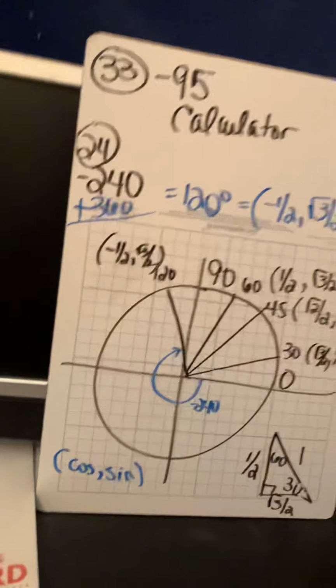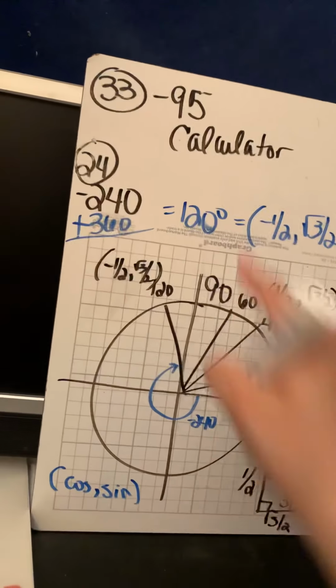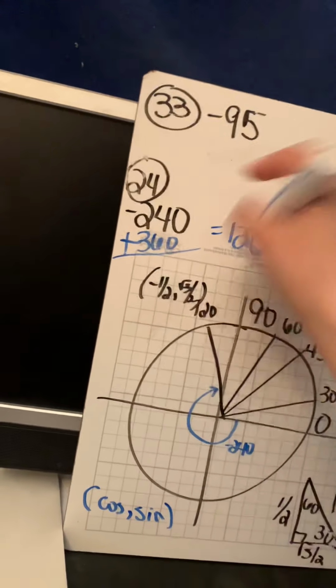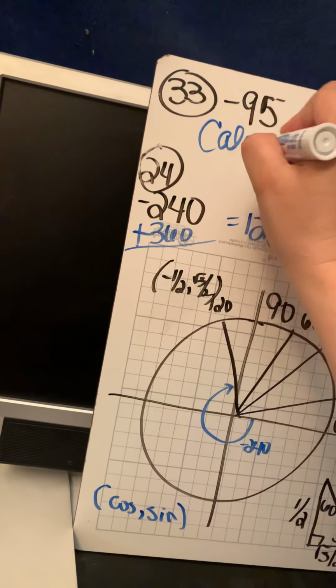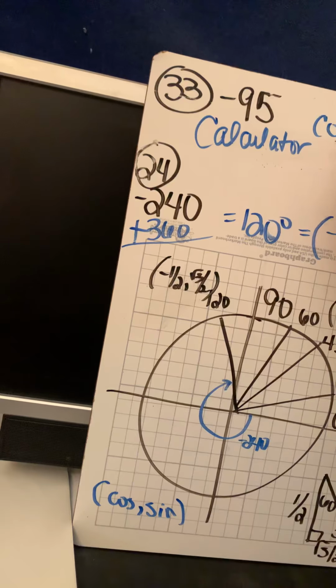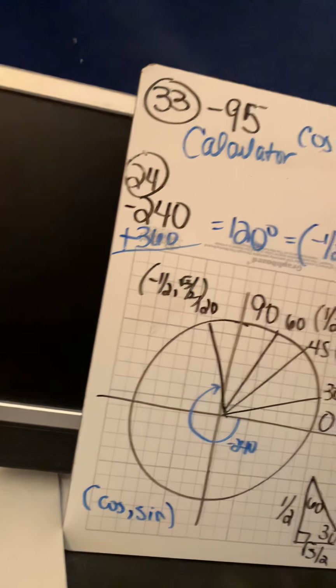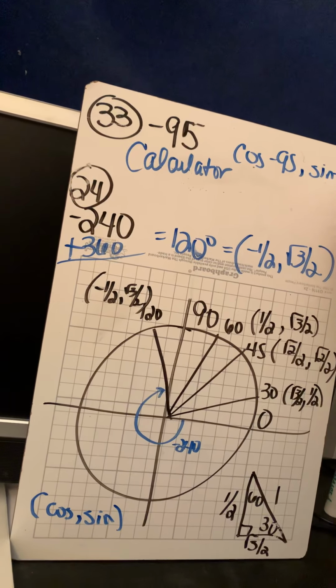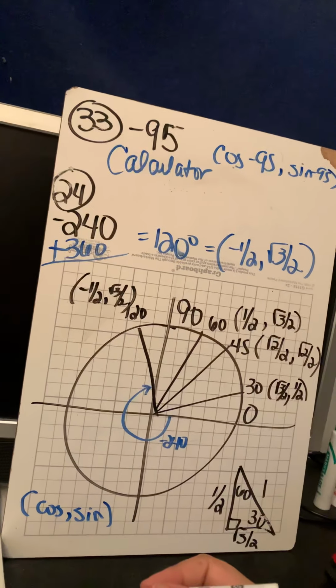Last one. On problem 33, they want you to do the same thing, only they want you to put it into the calculator. So we're going to calculate the cosine of negative 95, comma, the sine of negative 95.